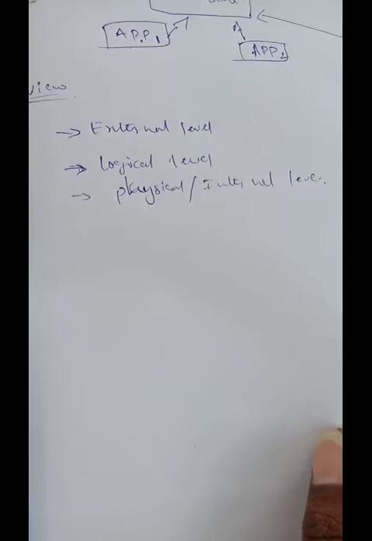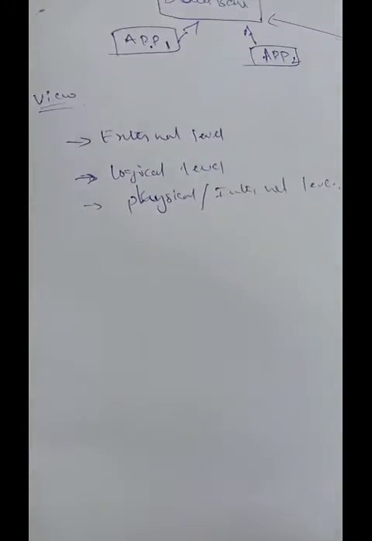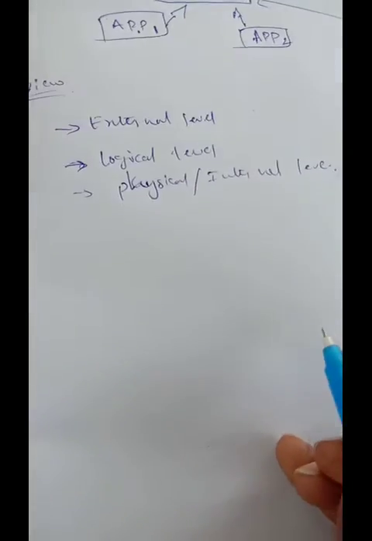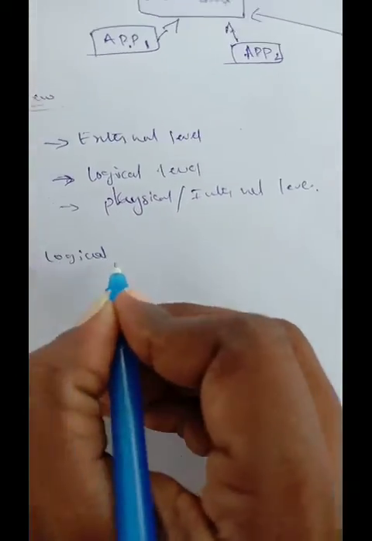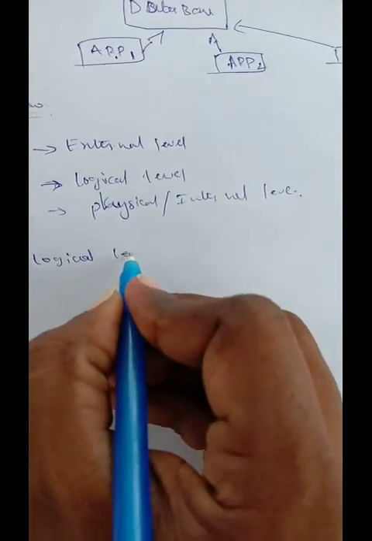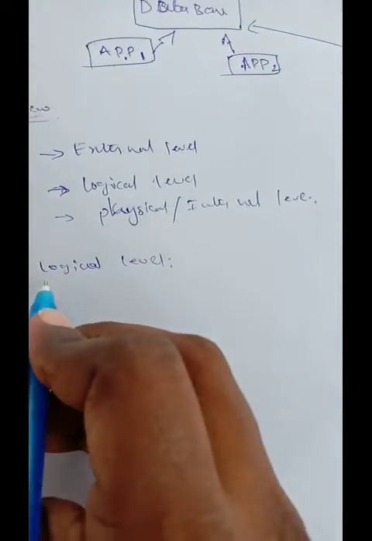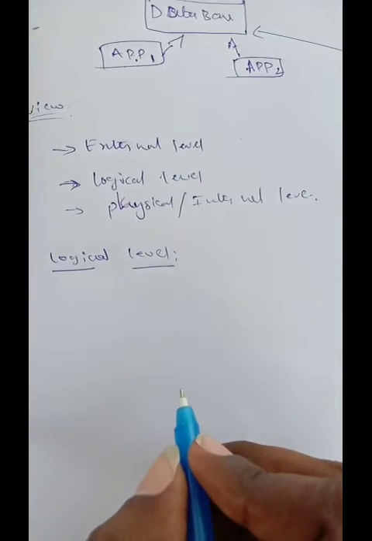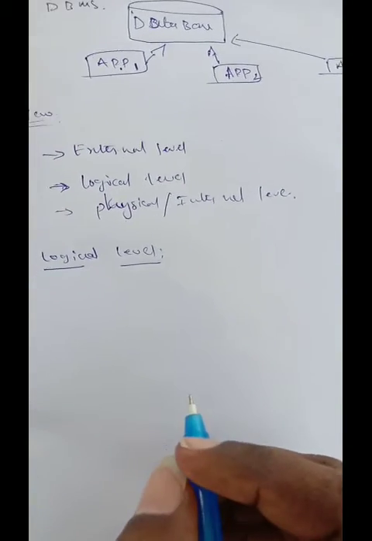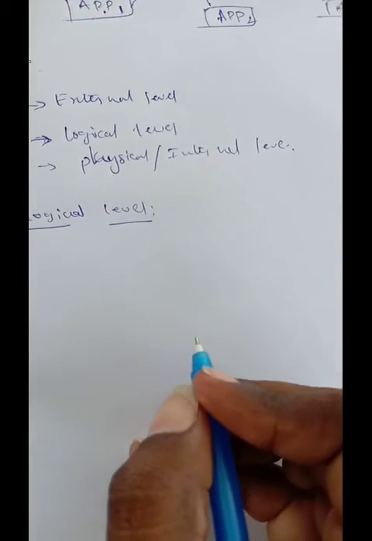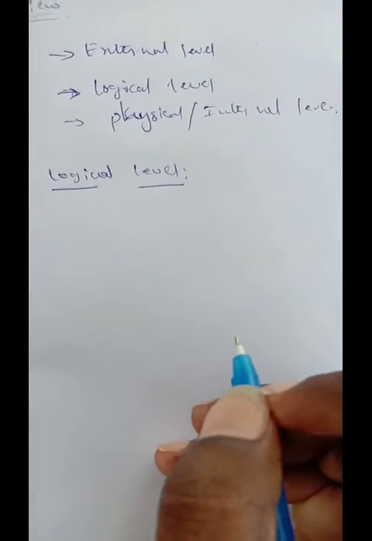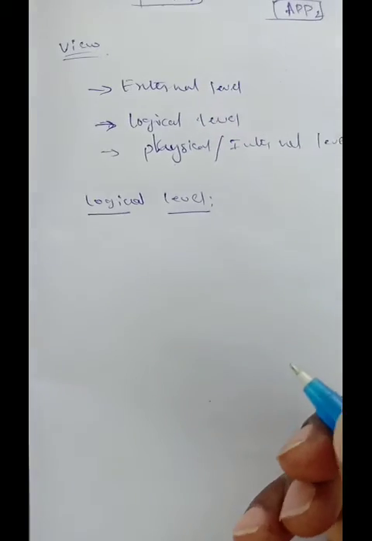And coming to the logical level view, it is the intermediate level. It acts as the interface between the external and physical levels. Here the external level means the user accessing the applications to retrieve data or interact with the database.